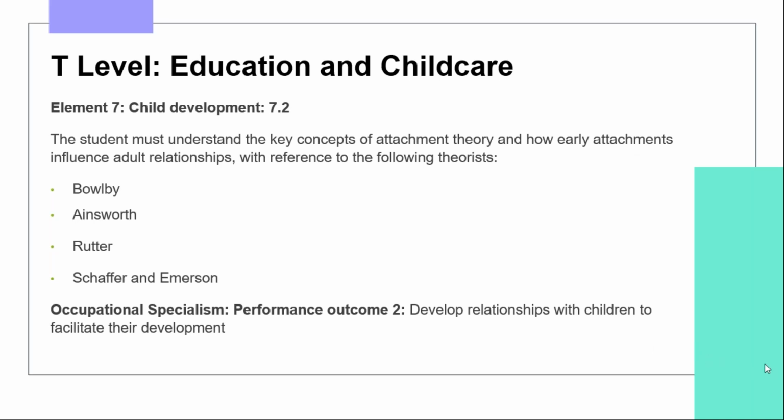The student must understand the key concepts of attachment theory and how early attachment can influence adult relationships, and reference should be made to the following theorists, and these won't come as any surprise. Those traditional theorists that we automatically think about when we think about attachment: John Bowlby, Mary Ainsworth, Michael Rutter, and Schaffer and Emerson.